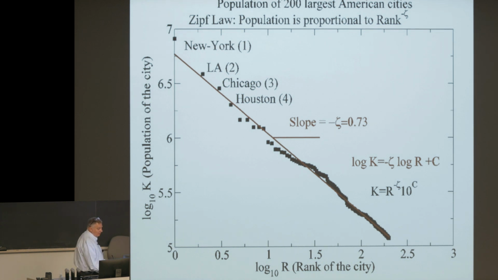So basically the rank is approximately inversely proportional to the city size, and the rank is nothing but the cumulative probability distribution of the size of the city.